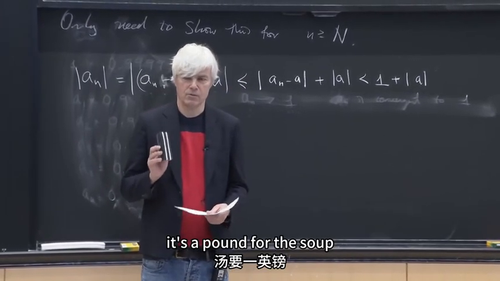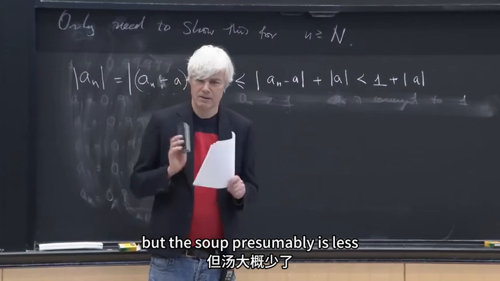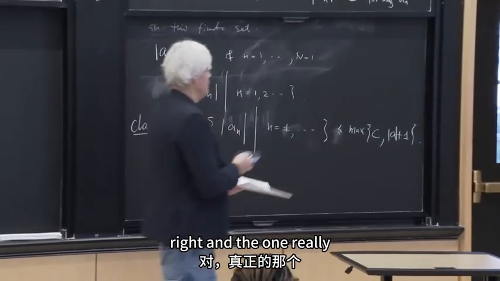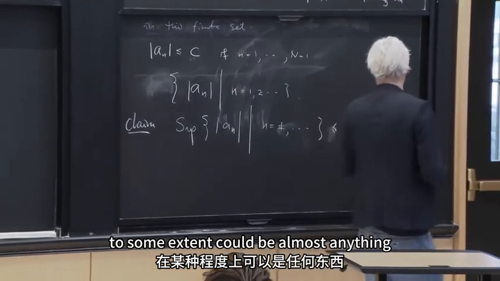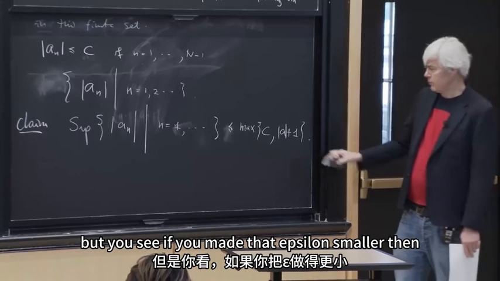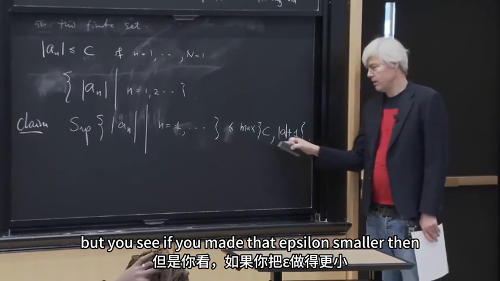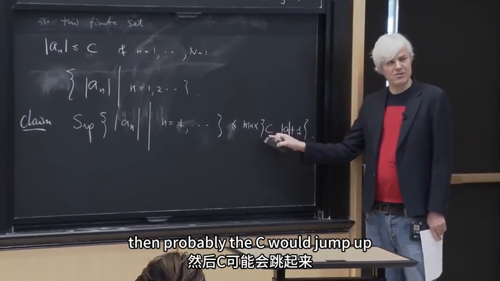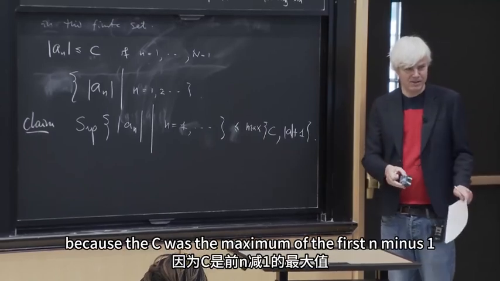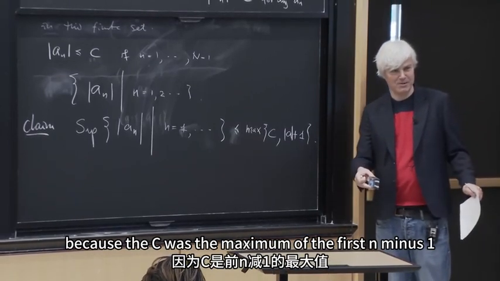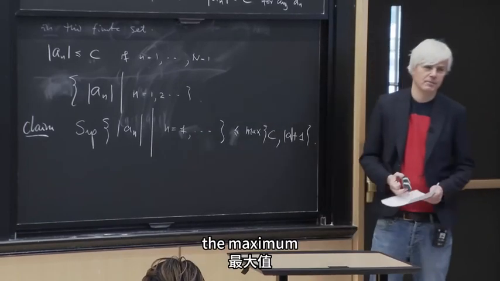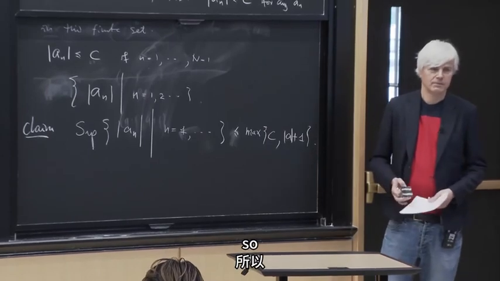It's a bound for the sup, but the sup presumably is less. And the 1 there really is just epsilon, right? And the 1 really, to some extent, could be almost anything. Yeah, it came from the epsilon, right? But you see, if you made that epsilon smaller, then probably the C would jump up, right? Because the C was the maximum of the first N minus 1. So if you're further out, then there are more numbers that you're taking the maximum over. So anyway, yeah.